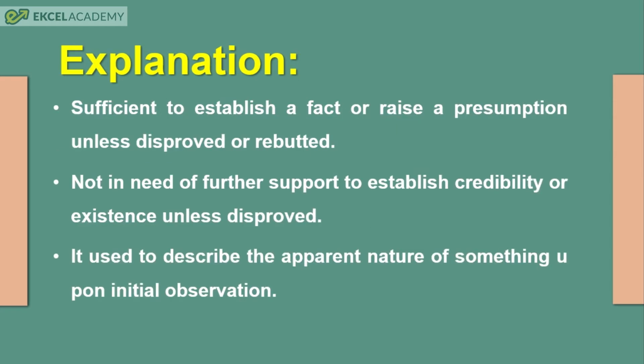Let's have a detailed explanation for the same to understand better. So what is prima facie? It is anything that is sufficient to establish a fact or raise any presumption unless it has been disproved or rebutted. That means to say, whenever you see a document that is prima facie sufficient to establish a fact, then no further documents or supporting documents are required to establish the credibility until it is disproved or rebutted by some other evidence.